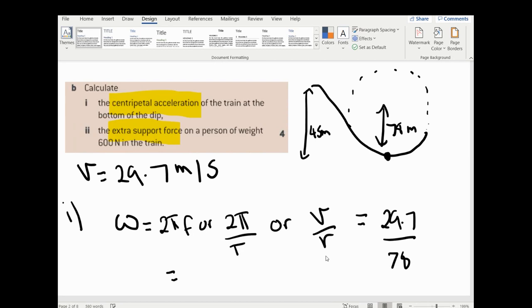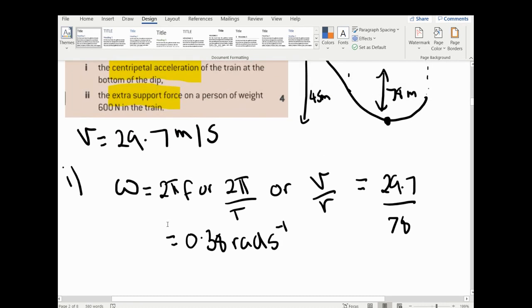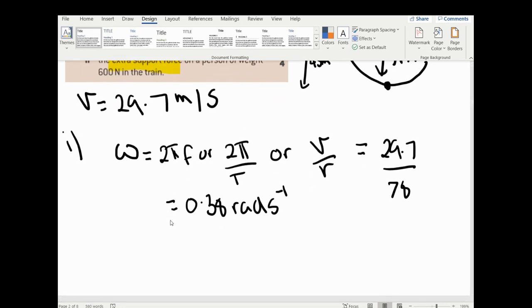So omega is going to be 0.38 rads per second. And I'm trying to find the centripetal acceleration. So a equals omega squared r. So it's 0.38 squared times 78.